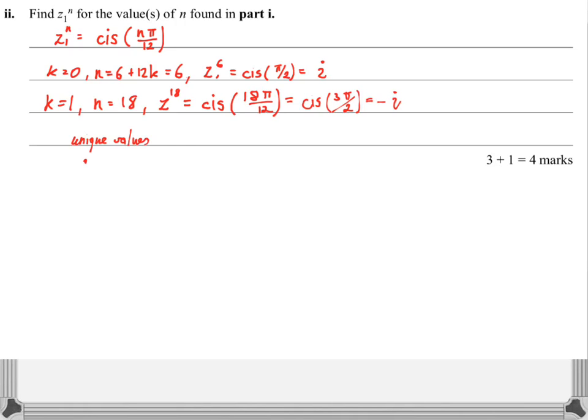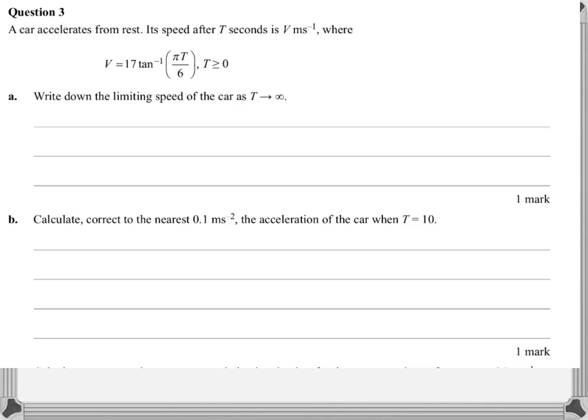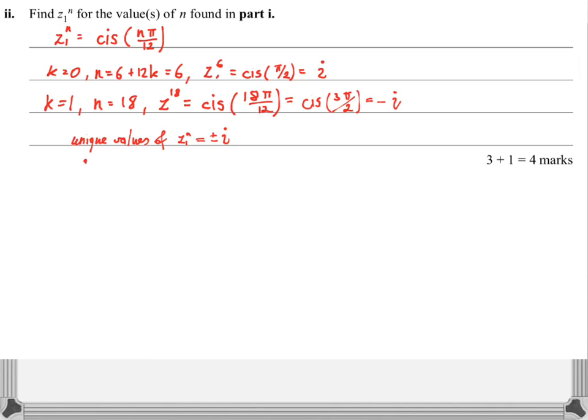And there we have it. They are the only unique values of z1 to the power of n: plus i and minus i. There's no others. If we go k equal to 2, we'll have n equal to 30, and if we put that in, we're going to get another result.